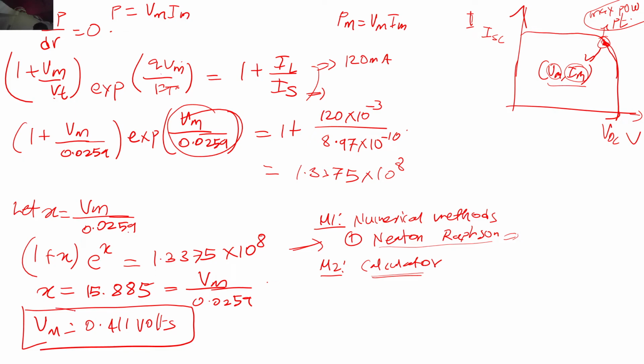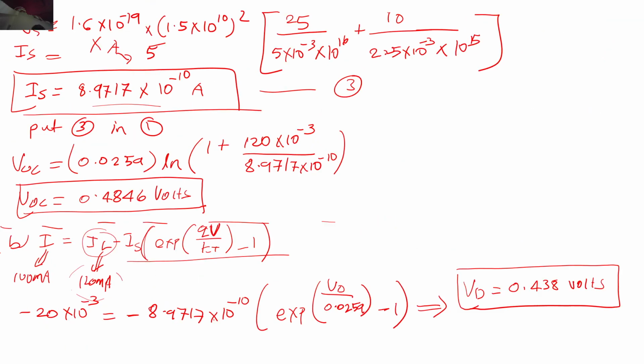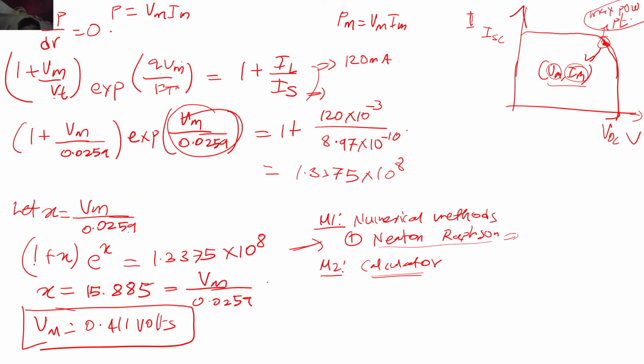Now coming to how to get the value of Im, right? You have to use this total current equation, the equation that you are seeing. So what we can do, I is IL minus IS, into exponential of Q Vm by Kt minus 1, right?